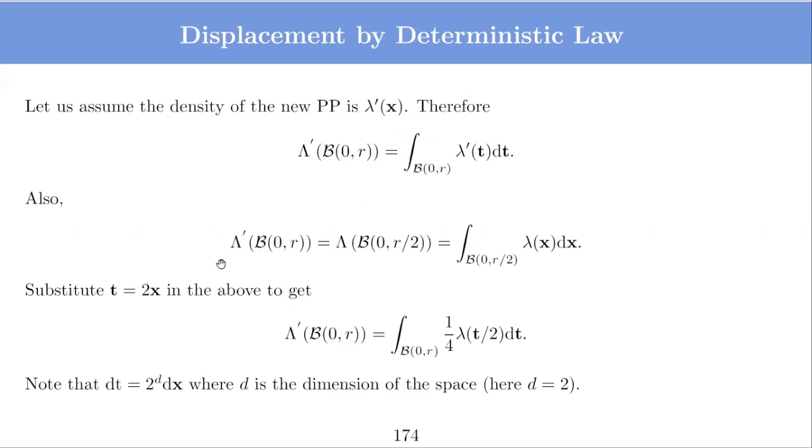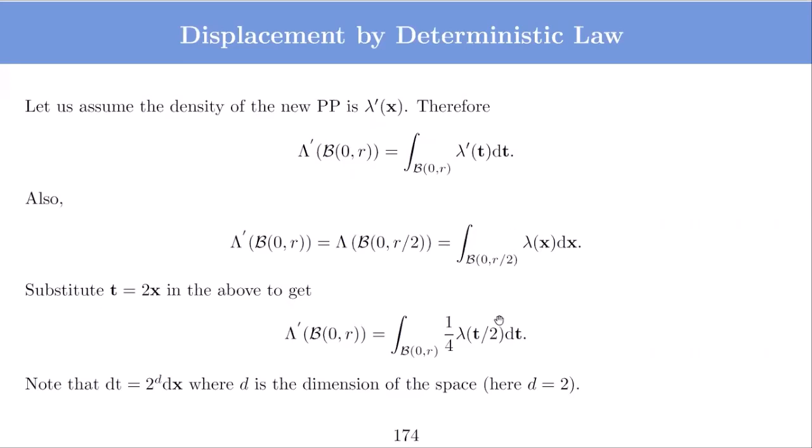We also know that lambda dash of ball 0 r is equal to lambda of ball 0 r by 2. This we have proved. So if the original density is lambda x, then from the definition of density, this should be equal to the integration of density over this set, ball 0 r by 2. Okay, and now these two are equal.